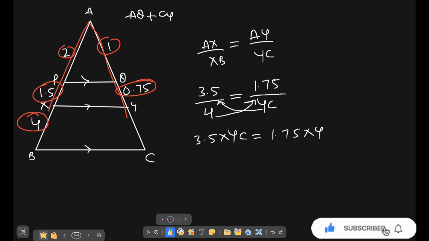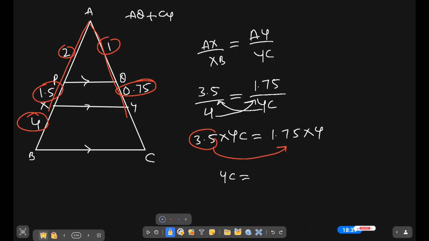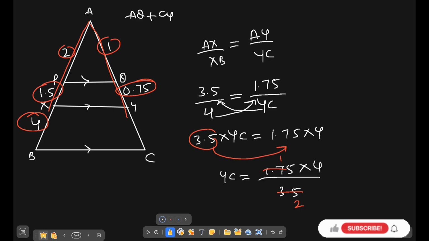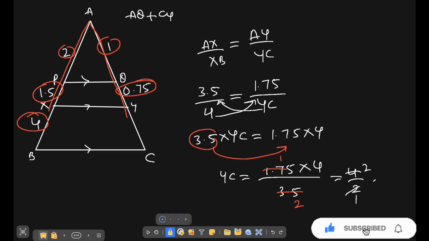Now send this 3.5 to the right side. Now it becomes YC is equal to 1.75 into 4 by 3.5. So 3.5, 1.75 twos are 3.5. So now we get 4 by 2, which is equal to 2.